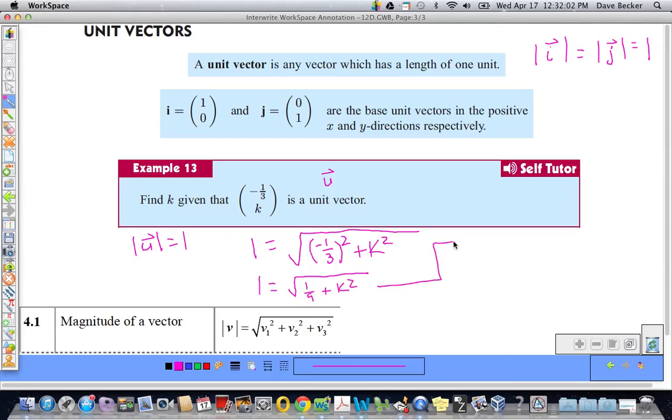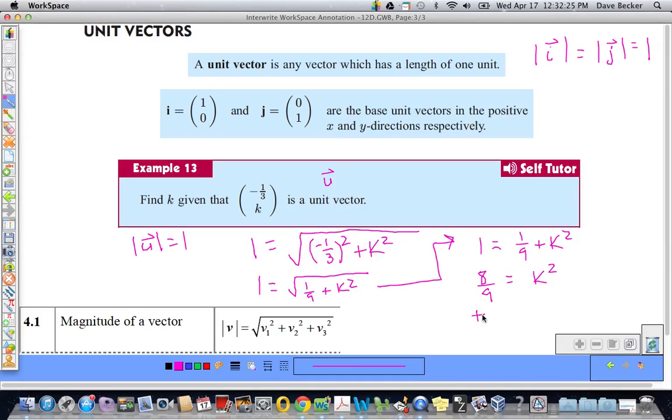Okay. So now we're going to square both sides. So 1 squared is 1, which equals 1/9 plus k squared. Subtracting from both sides, I get 8/9 equals k squared.